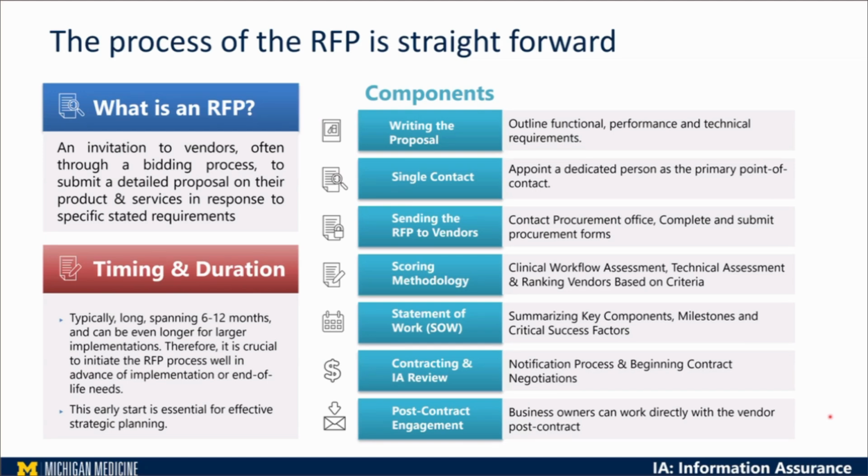As a policy for us, for example, at Michigan Medicine, once we start the RFP, any business owners or anyone from our department cannot contact any of those vendors without the procurement team. Sometimes you go to conferences like SCAP, and maybe by mistake one of the faculty goes to a vendor and says, by the way, we are having an RFP and we're doing this and this.